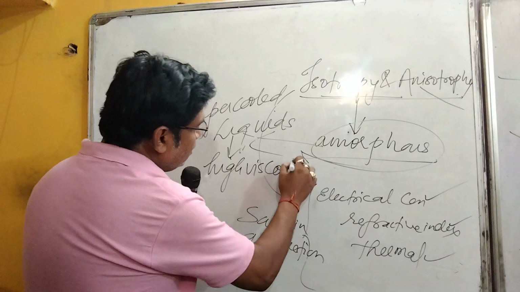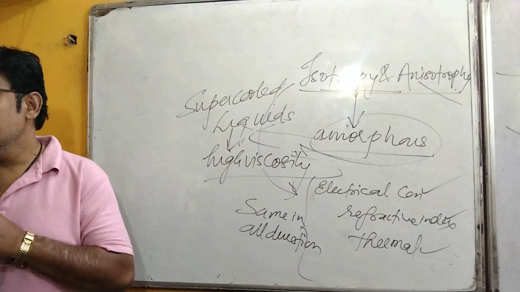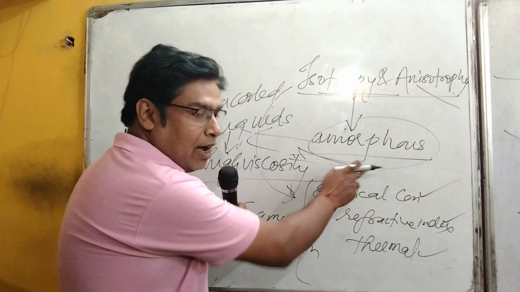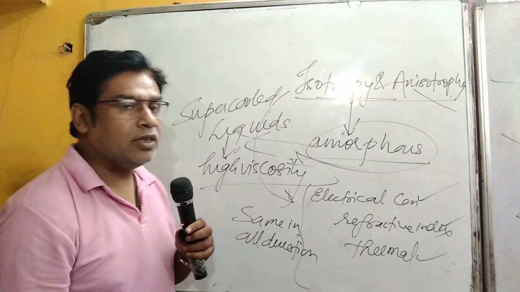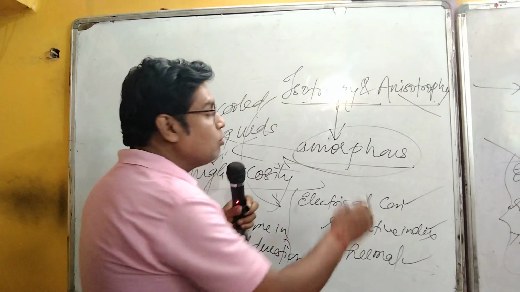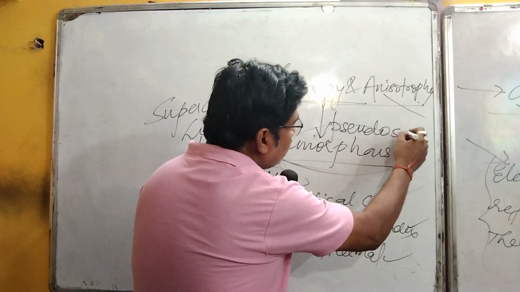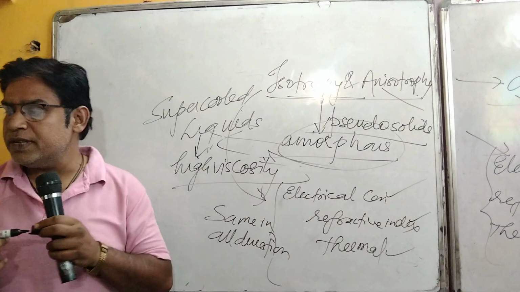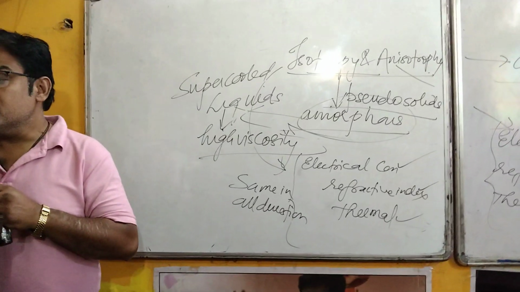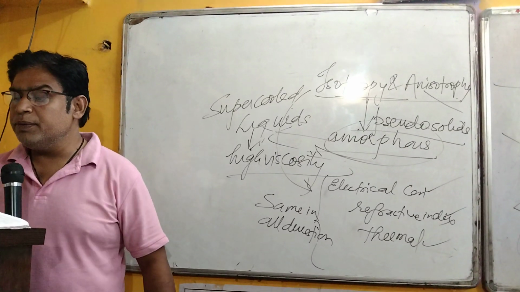Clear? And because they have high viscosity, they are very thick, therefore they are also called pseudo solids. So amorphous substances are also known as pseudo solids. Clear?